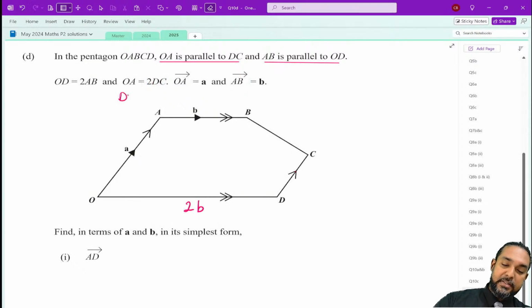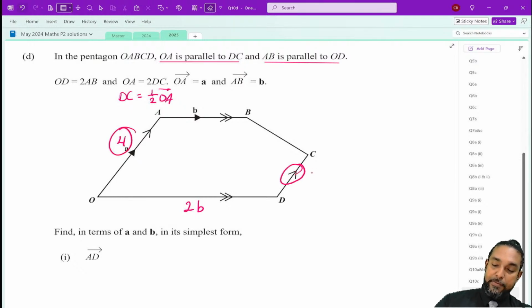So DC is actually a half of OA. Let's just say this was a 4. This is 2 times that, so this would be 2. So this here is simply A over 2, or a half A.